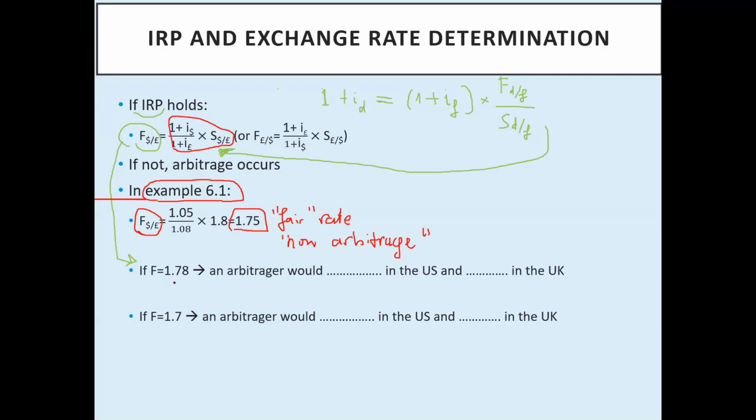So every time when the actual forward rate is different from 1.75, this is when the IRP does not hold, and this is when you have an arbitrage opportunity, okay? So if the forward rate is greater than 1.75, what we want to do is borrow domestic and invest in the foreign country, okay?